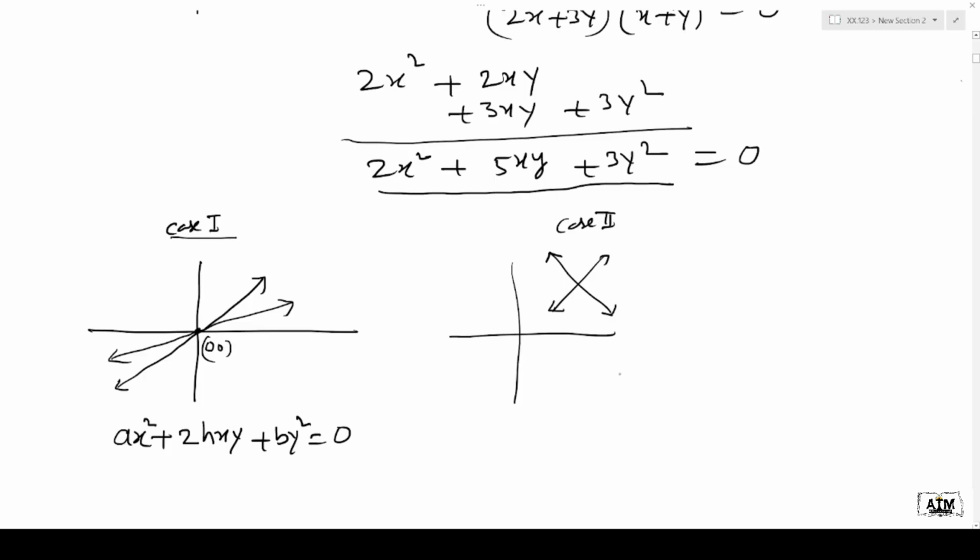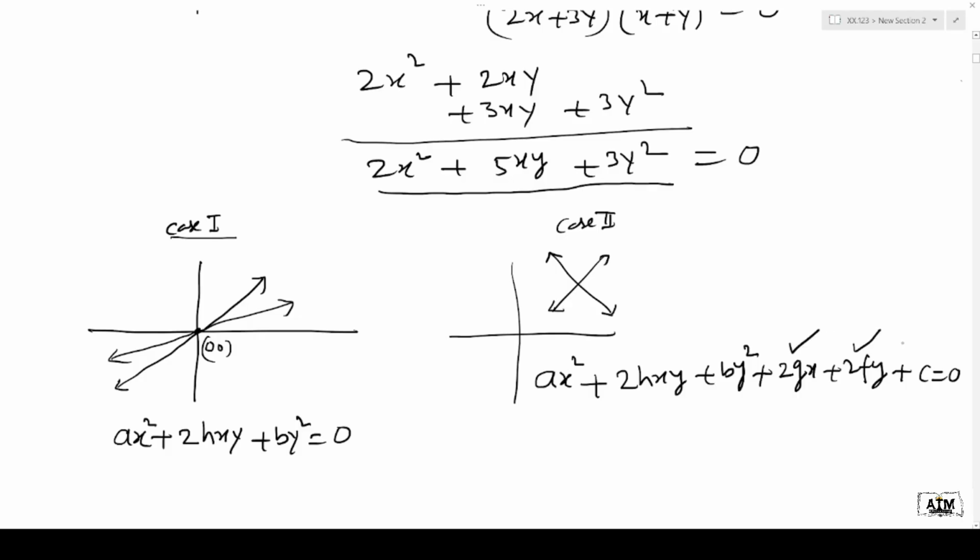And if they are not passing through the origin, then what can be the second degree equation? If the lines are not passing through the origin, then the equation is given by ax square plus 2hxy plus by square plus 2gx plus 2fy plus c equals 0. So the lines which are not passing through the origin will consist of three extra terms.